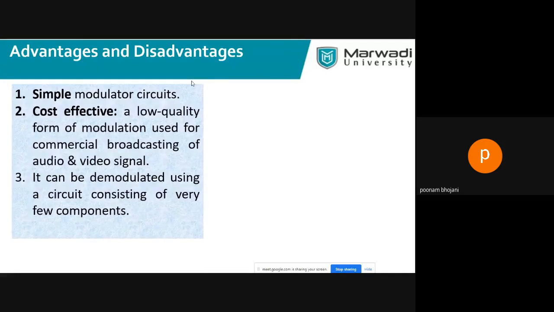It is cost effective because the circuit is simple, fewer components are used, so fewer wires are used, so it is less costly. And the third is it can be demodulated using a circuit consisting of very few components. As I told you, demodulation will come in the next slides. Whenever you demodulate the signal, it requires a very simple circuit of very few components. Two to three components will do the demodulation very easily.